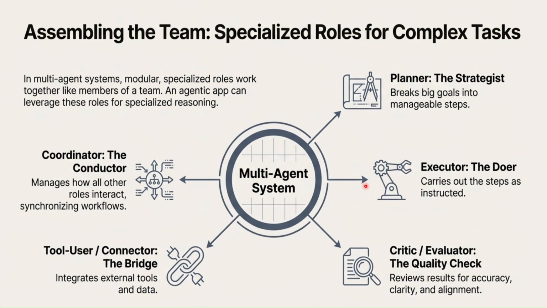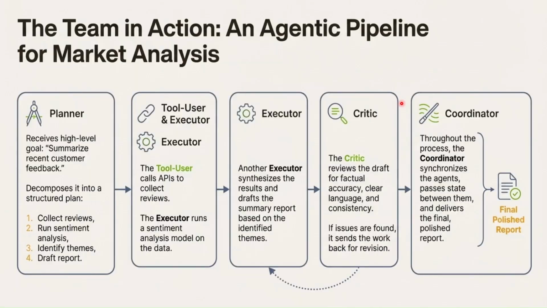So now we know bits and pieces of how we are going to set up one agent or a team of agents. As we talked, we want an agent for a specific role. It could be a coordinator, a connector, an evaluator, an executor, or a planner. Let's see what order we should be arranging the agents. We should start with the planner, which is going to lay out the plan for what we want to build.